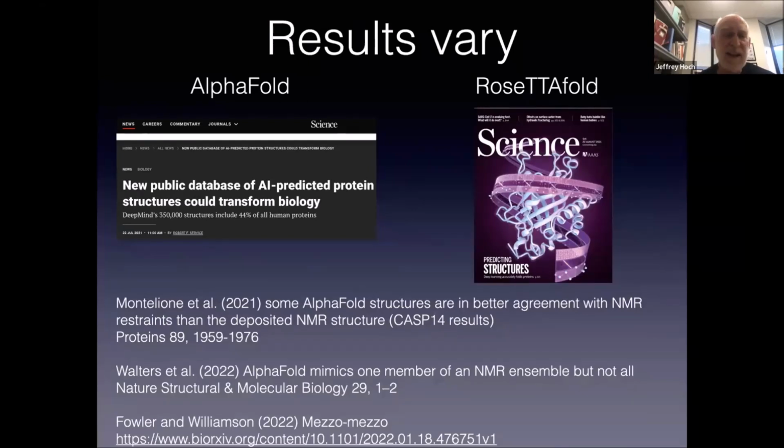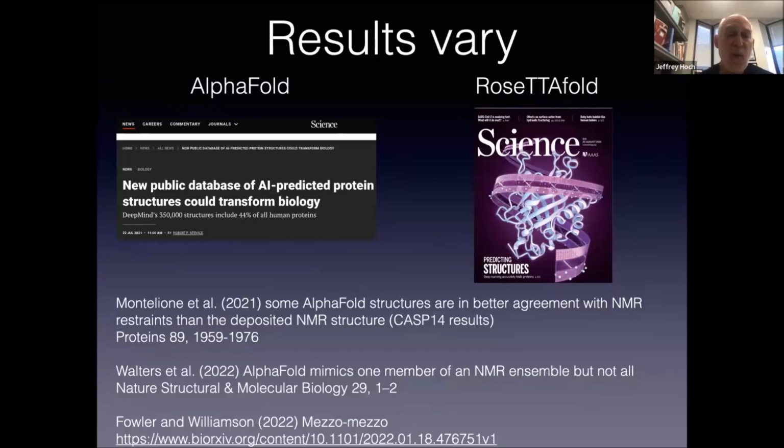Intriguingly, Guy's group has analyzed the AlphaFold structures that were used in the CASP14 competition, and found that some of the AlphaFold structures are actually better than the deposited structures corresponding to the experimental NMR data, which is kind of an amazing result.